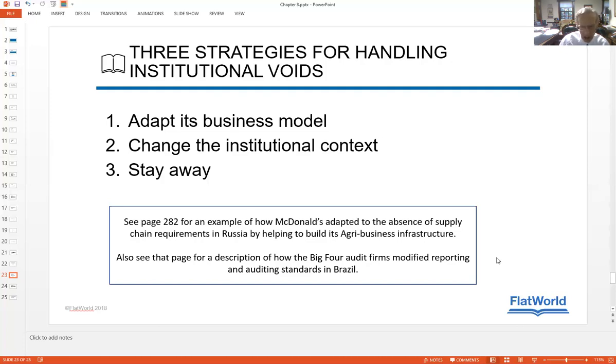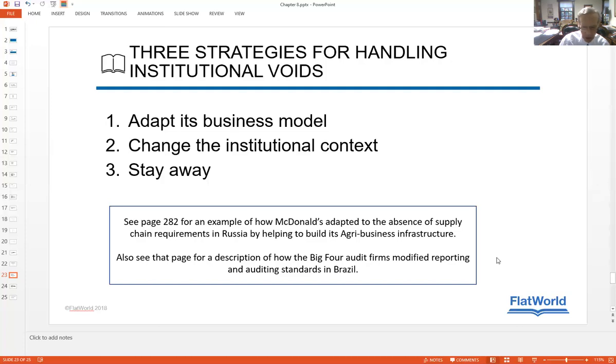And so they changed the institutional context, the standards, if you will, that firms in their industry had to comply with, had to meet in order to be acceptable in that industry.